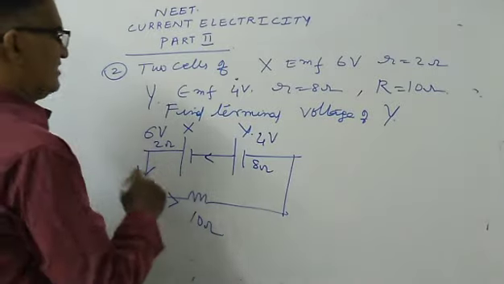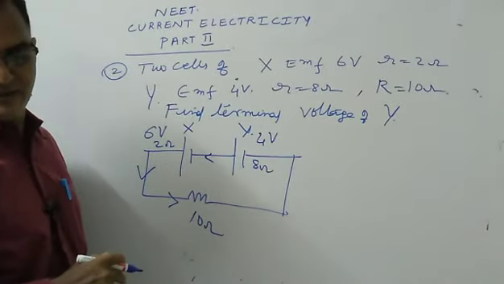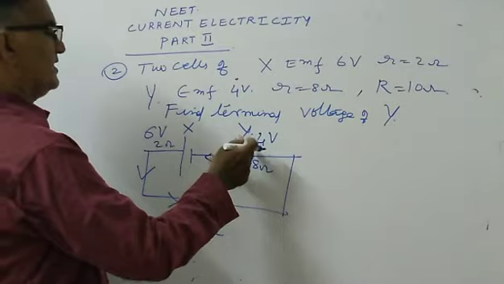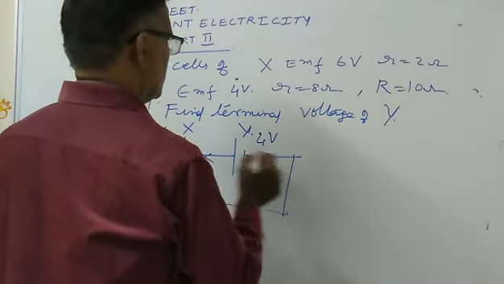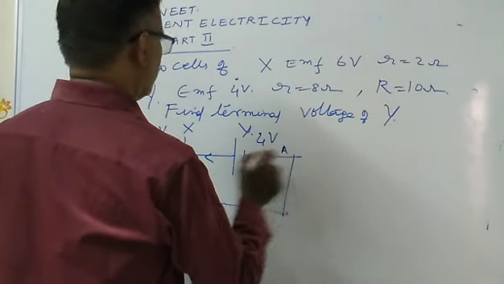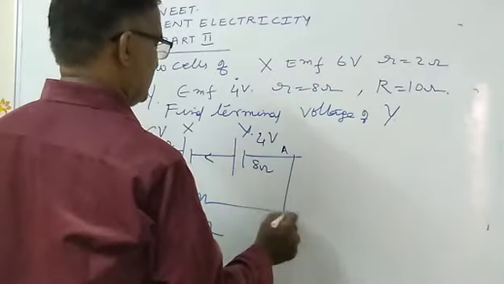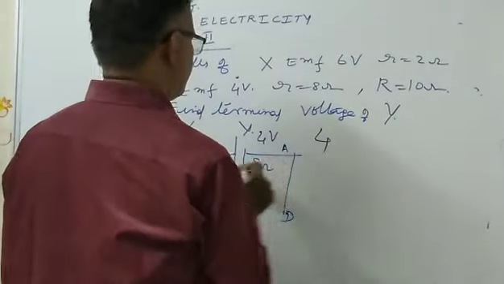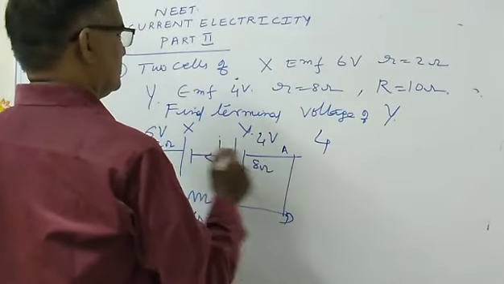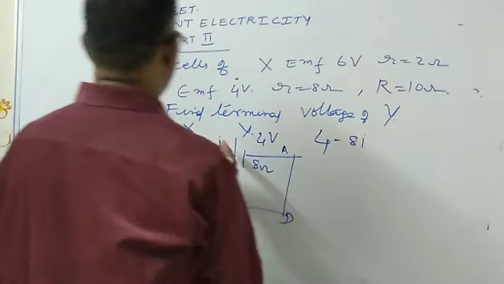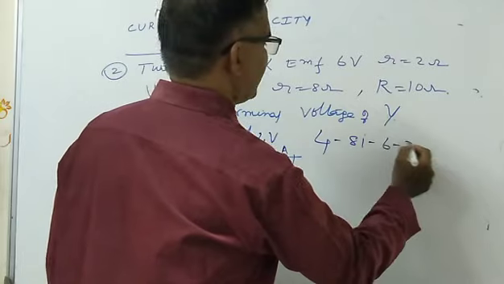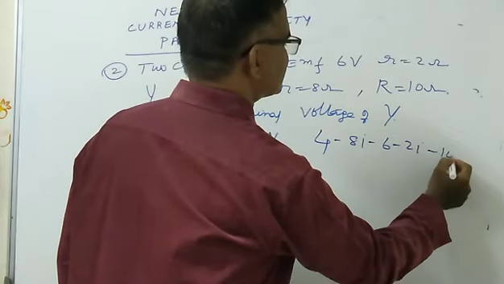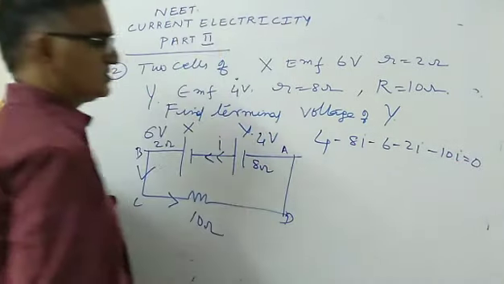Now if you apply Kirchhoff's laws here, going along the path A, B, C, D, with I as the current passing, we get 4 minus 8I minus 6 minus 2I minus 10I is equal to 0.